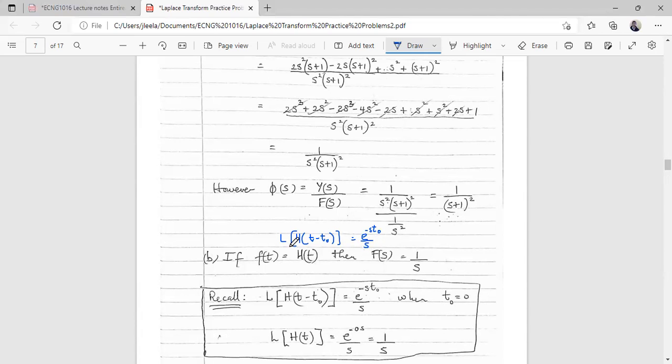Right, so if the Laplace of h t minus t naught, right, is e to the minus s t naught over s, and you just have ht, it means that t naught here has to be 0, right?